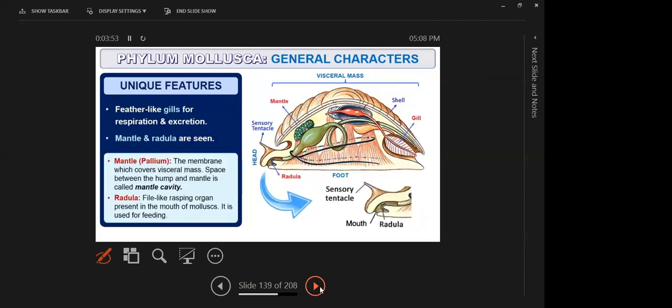Oyster. Pearl oyster, they introduce a small particle, and they prepare pearl. Okay, so they have feather-like gills, mantle. This is the mantle of the shell. They have foot, visceral body.